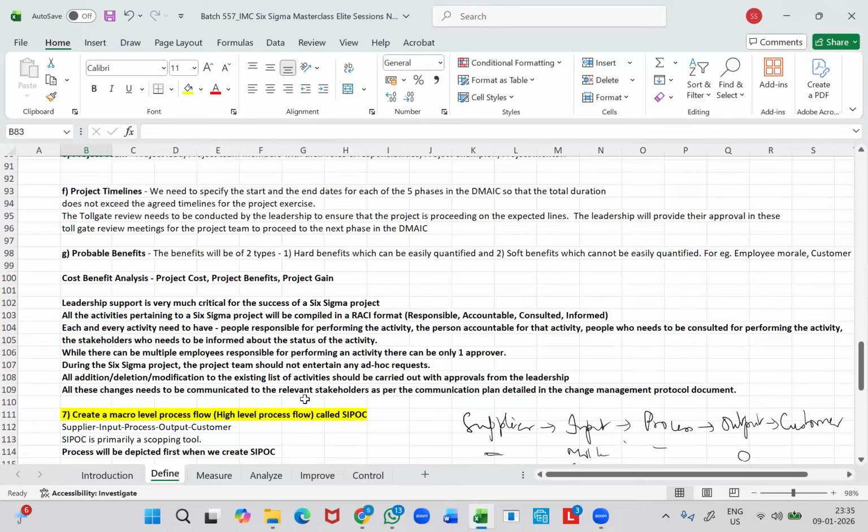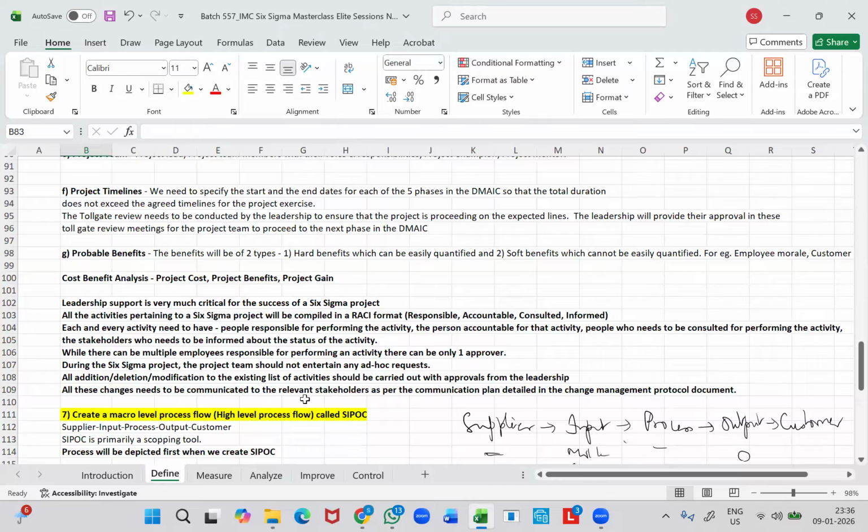That is, for each and every activity, we need to identify the people who are responsible for executing it, the person who is accountable for the activity, the people who need to be consulted for performing that activity, and the stakeholder or the list of stakeholders who need to be informed about the status of that activity.